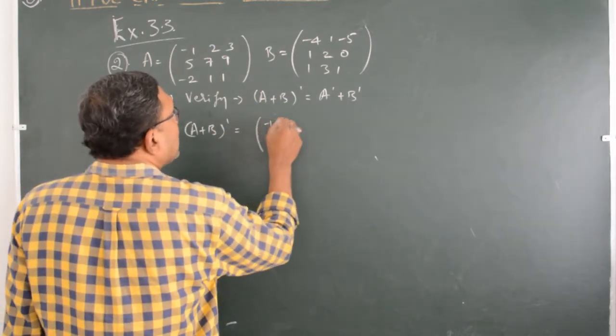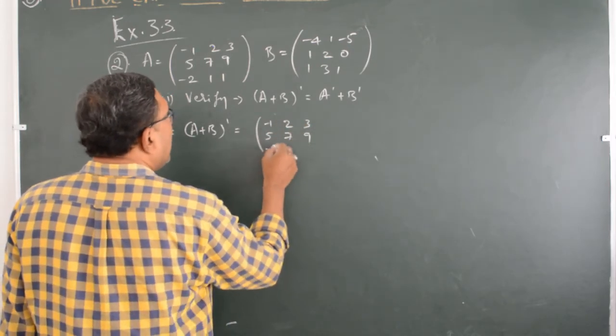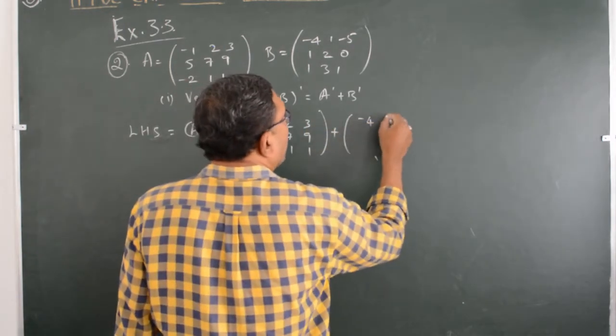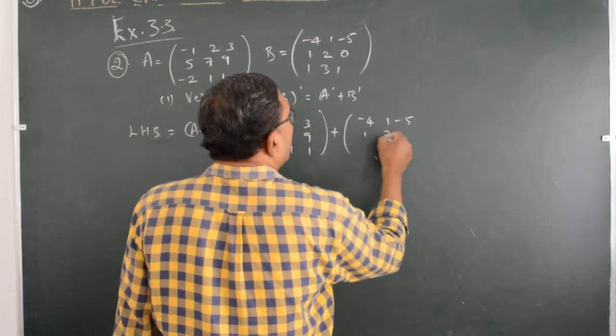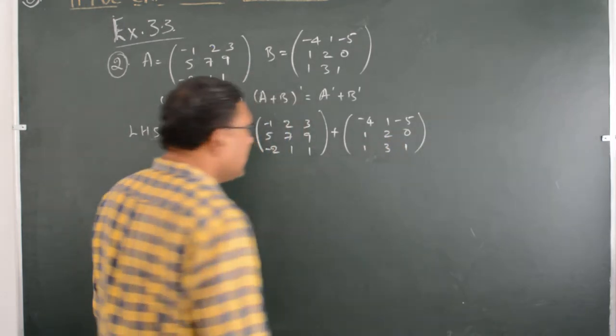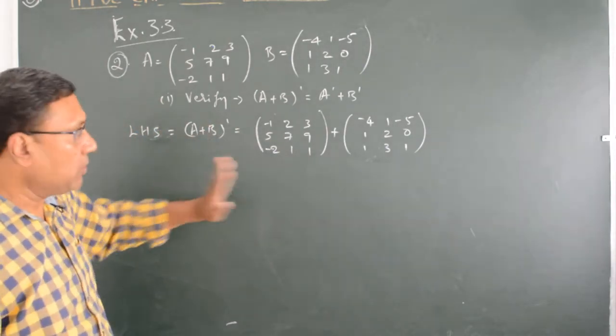Minus 1, 2, 3; 5, 7, 9; minus 2, 1, 1, plus minus 4, 1, minus 5; 1, 2, 0; 1, 3, 1. Let me add and then I will take the transpose. I am only adding now.